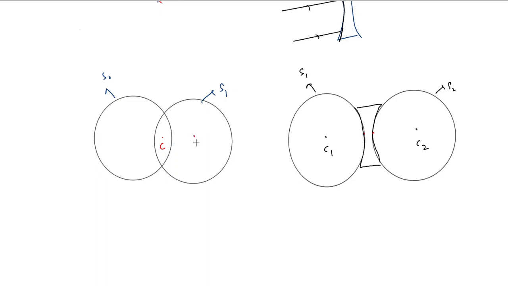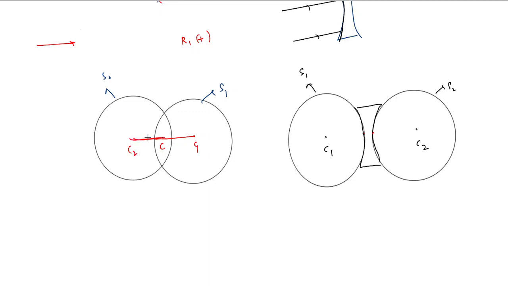So distance from here to here is called as R1. So by sign convention, light moves from left to right. So here R1 would mean distance from C to C1. So for a convex lens, R1 is positive and R2 would mean distance from the pole of the second sphere, or from C to C2.